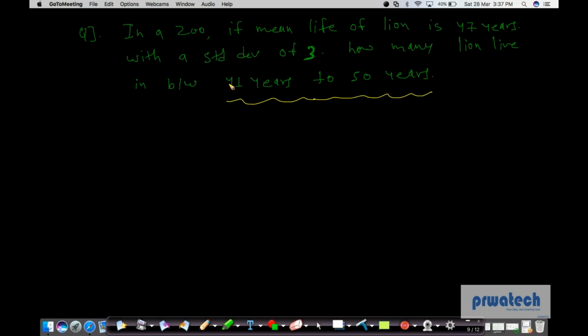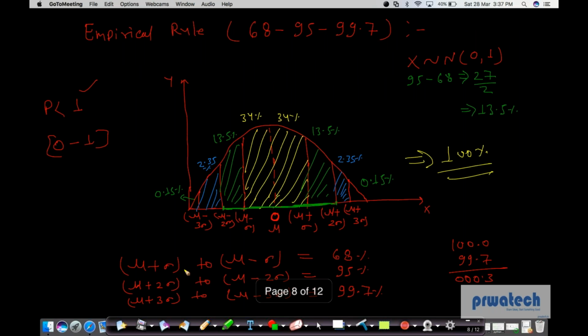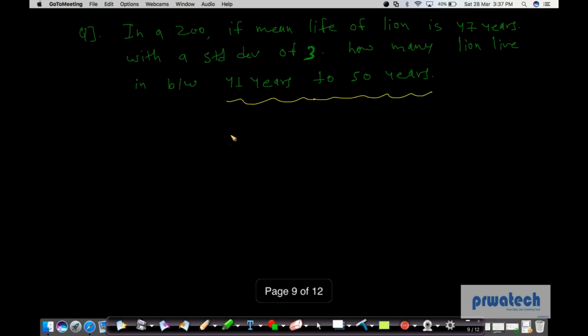This problem can be solved using the normal distribution concept and the empirical rule, or I can directly solve with the empirical rule, because while writing the empirical rule formula, I said if I know the mean and the standard deviation, I can solve any question. So just a hint for you guys, mean is here in front of you, which is 47 years, and standard deviation is also there, which is 3.